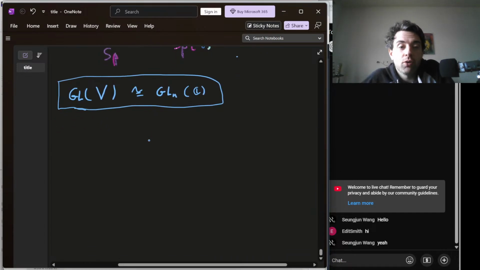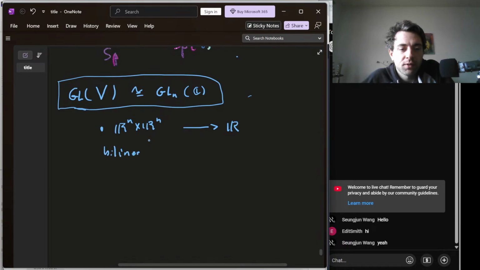But now we could also have a pairing. So for example, the dot product on R^n, so it eats two vectors in R^n and it spits out a scalar. It's bilinear and symmetric.